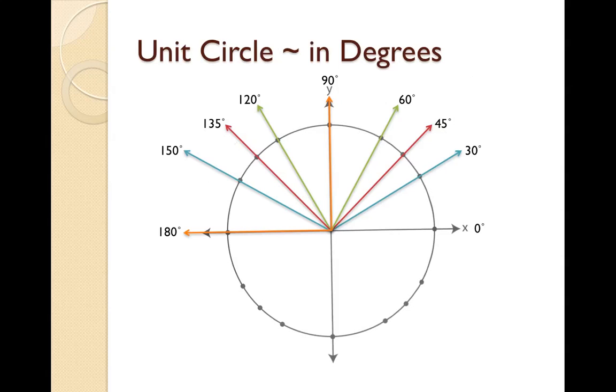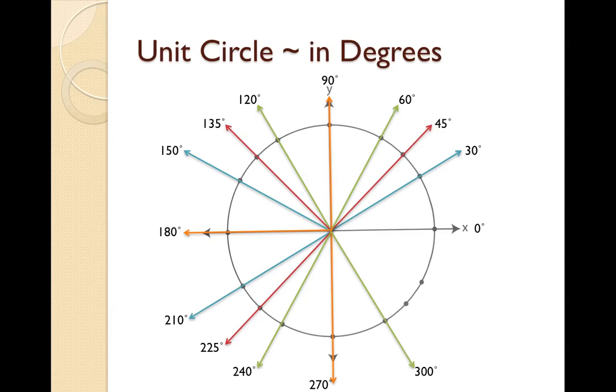Okay, continuing to go around, our next angle would take us to 210 degrees. Then we have 225 degrees and 240 degrees. So again, 3 more special angles in the third quadrant, which then takes us to our negative y-axis, which is 270 degrees. And then finally, as we keep rotating, we have 300 degrees, 315 degrees, 330 degrees.